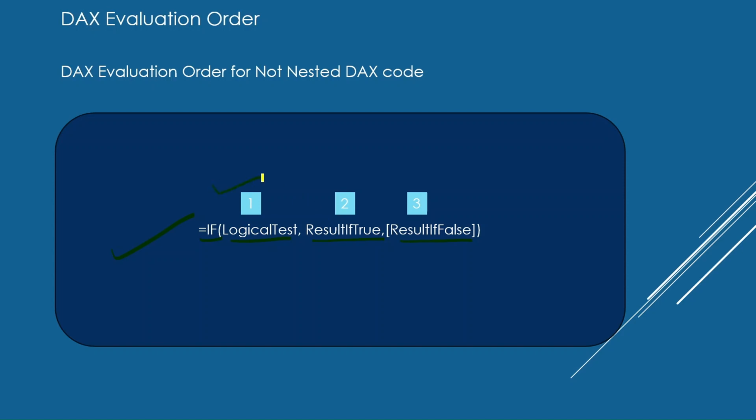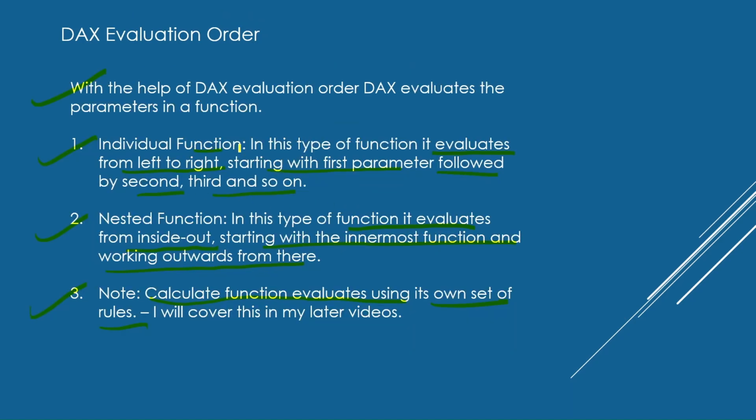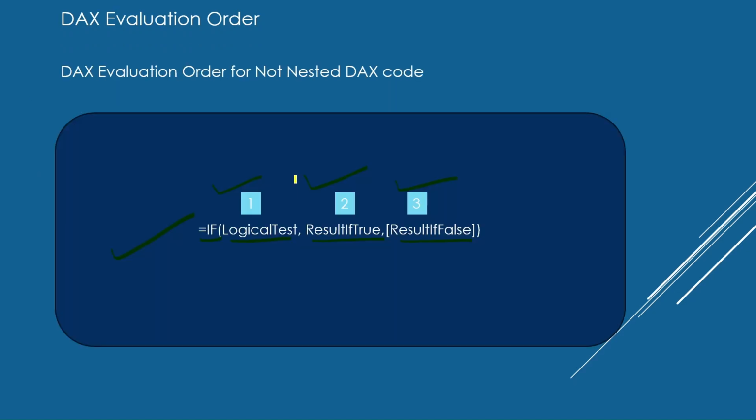So this is evaluated first, then this one, and lastly this one, because here we have an individual function. In this type of function, it evaluates from left to right, starting from the first parameter, followed by the second and third, and so on.